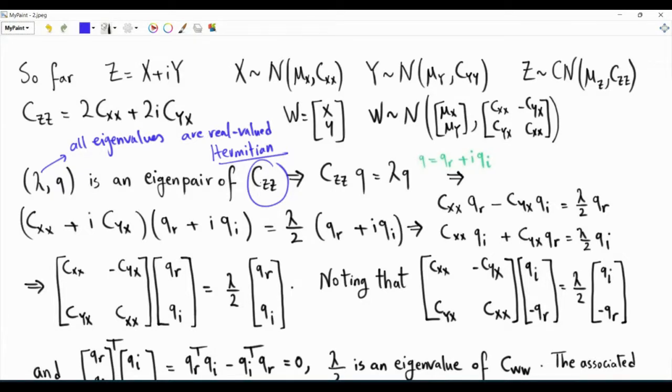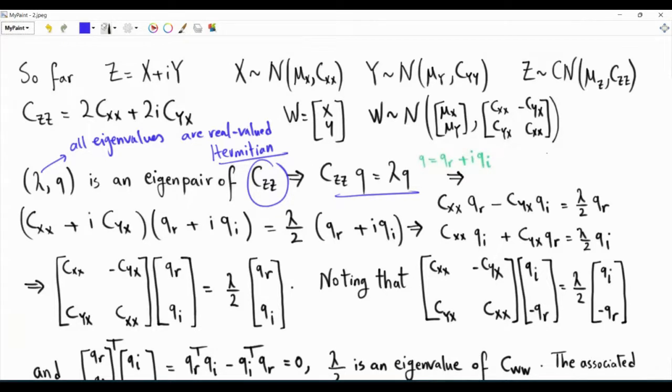It is diagonalizable, and its eigenvectors can be constructed so that they are orthonormal. All the eigenvalues of Czz are real valued and positive. Generally, they can be 0, but here we will take all of them to be positive. If lambda, q is an eigenpair of Czz, then Czz q is equal to lambda q. Now, write down everything in this eigen equation in terms of the real and imaginary parts.